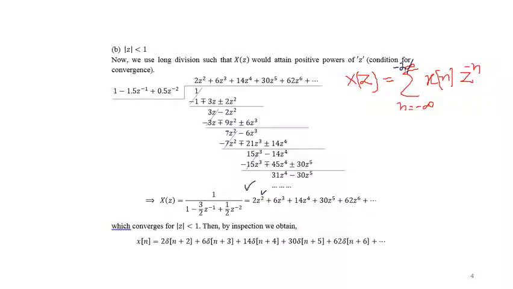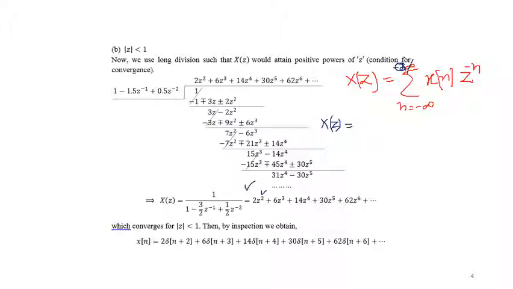So if I expand it, let's expand it from 0 up to minus infinity. At 0 we will have, let me write x of z here. In this way we just compare the coefficients to find the inverse z.